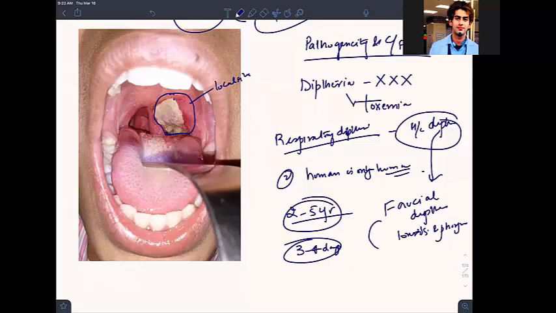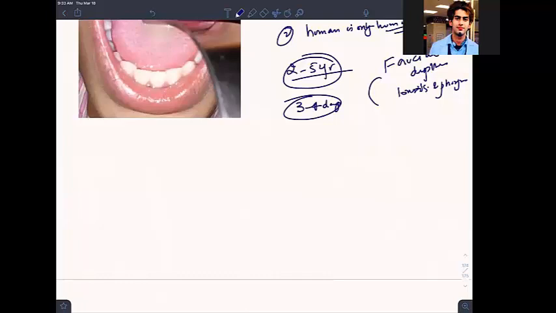Which places are affected? Most common will be tonsil and pharynx, followed by nose and larynx.